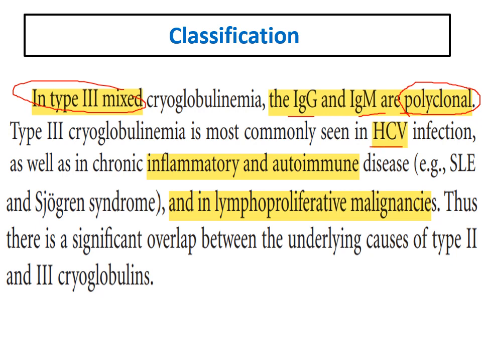Causes include HCV again, also chronic inflammatory and autoimmune diseases like lupus and Sjogren, and also lymphoproliferative malignancies. As you can observe, there is significant overlap between the causes of type 2 and type 3, including hepatitis C, autoimmune diseases, and lymphoproliferative malignancies. All of these can cause either type 2 or type 3.